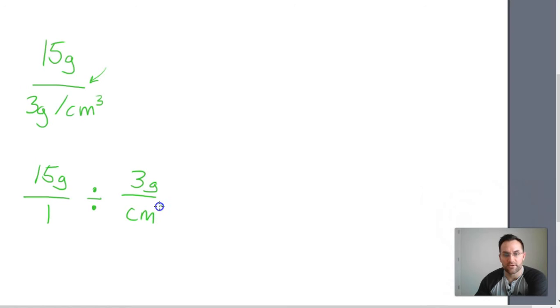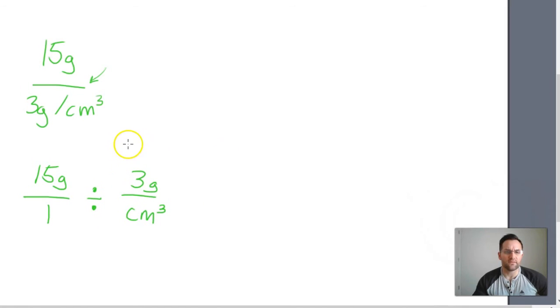over centimeter cubed. And we're going to say 1 centimeter cubed because it's assumed. The coefficient of 1 isn't necessary to write right there. Remember, a coefficient is what we put in front of some sort of term. So we have an assumed 1 there. So now we have 15 grams over 1 divided by 3 grams over centimeters cubed.